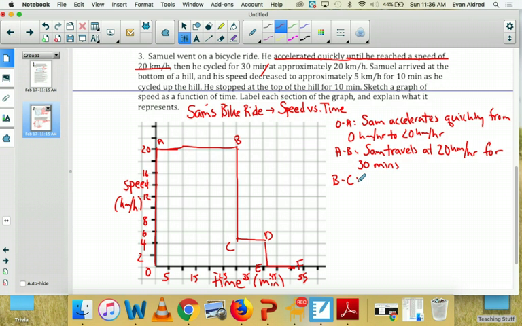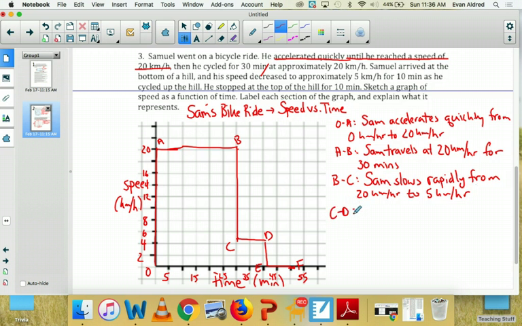From B to C, we have him slowing down quickly, all the way from 20 down to 5. So Sam slows rapidly, we use a different word, quickly, from 20 kilometers an hour to 5 kilometers an hour.